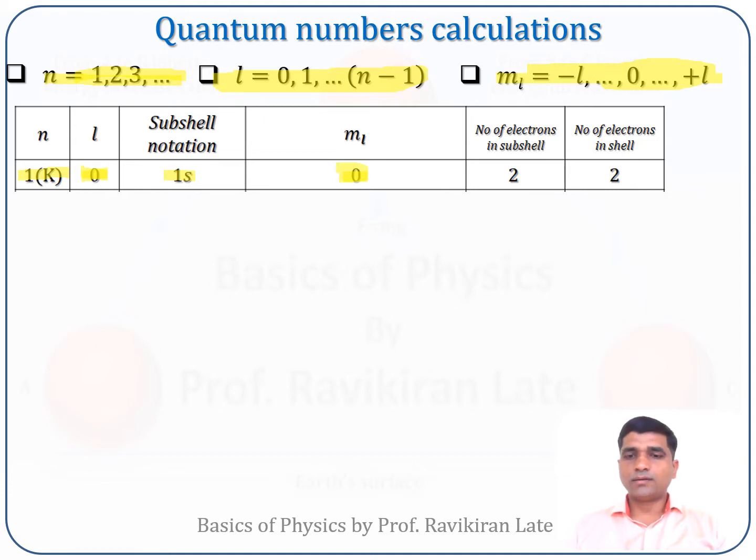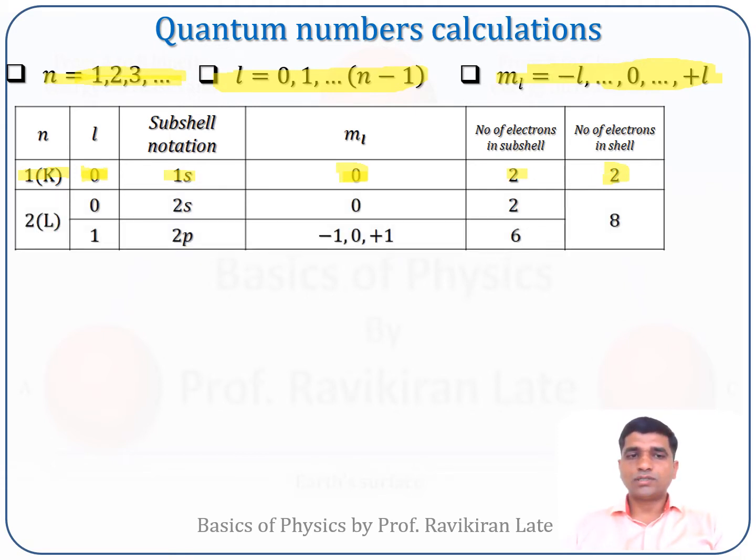Now we know that for a given orbital, the spin quantum number can have two different orientations, plus half and minus half. So it can occupy 2 electrons. So the number of electrons in the first orbit is 2.